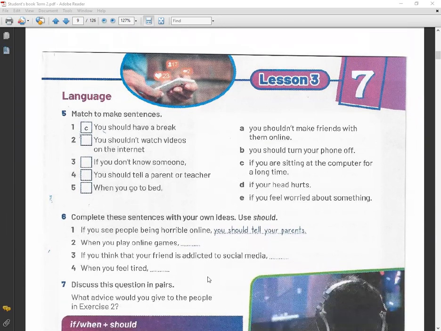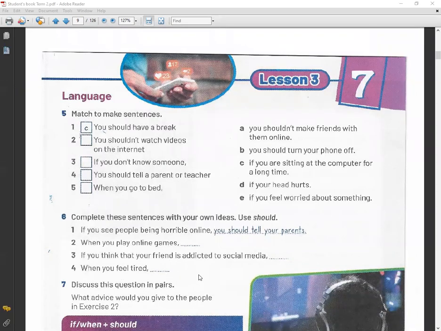Now in exercise 6, complete these sentences with your own ideas. Use should. Number 1 is done for you. Number 2, when you play online games. 3, if you think your friend is addicted to social media. 4, when you feel tired.